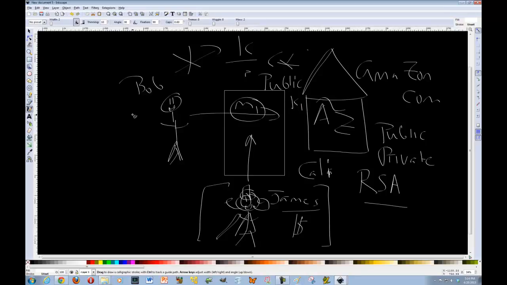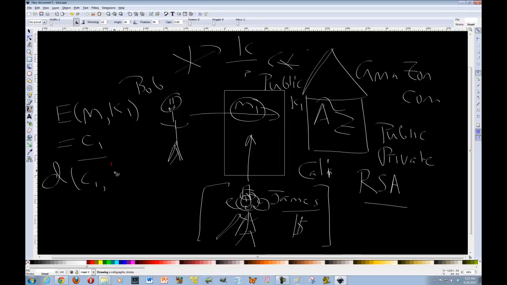Bob is going to take the encryption function, take the message that he wants to encrypt, take our public key, and it's going to create an encrypted message. But there is no way to decrypt this message with that public key. Meaning if James were to intercept this encrypted message sent across the channel, James would not be able to decrypt it with just the public key.